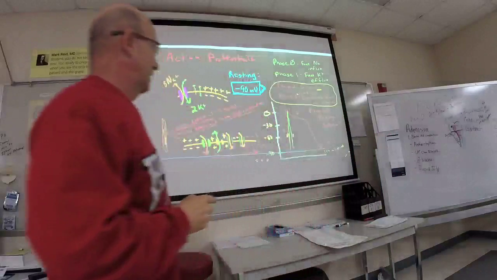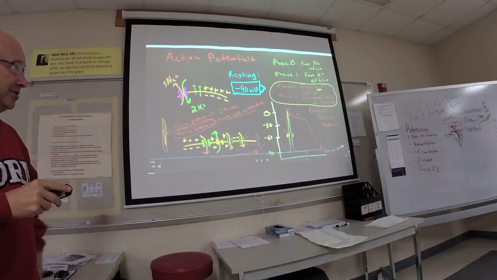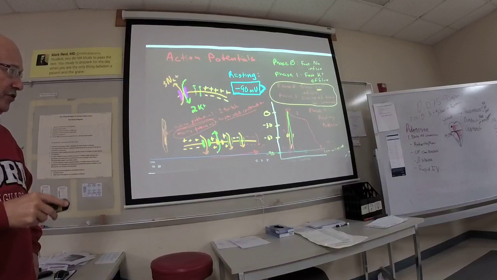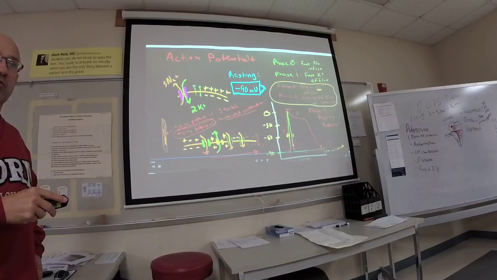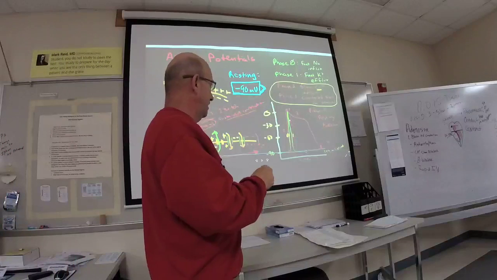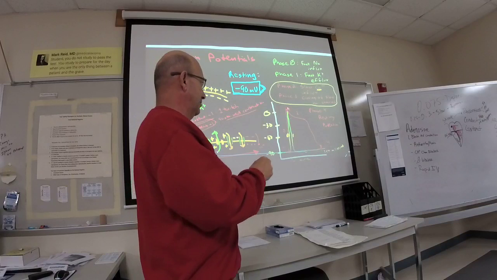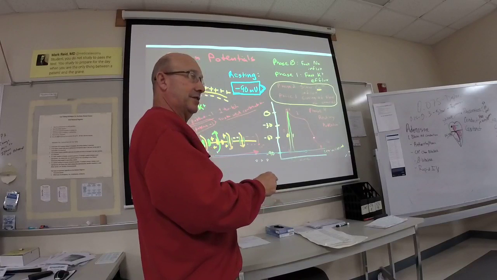So now you have this part here. This is where the calcium comes in. See, in the nerve cell, no calcium, just a rapid influx of sodium and a rapid efflux of potassium. So sodium comes in, potassium goes out, right?